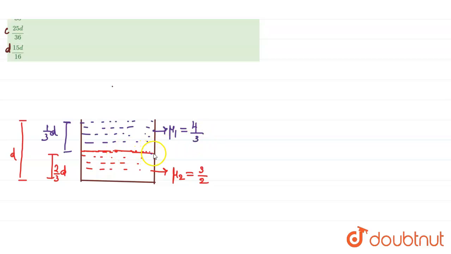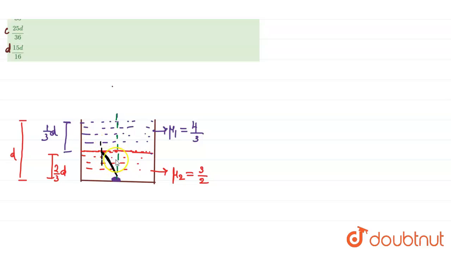We are asked to find the apparent depth. Let an object be placed here, and let this be the normal. So what happens is that when an observer observes, the light ray from this object goes like this, and at this interface it will deflect.